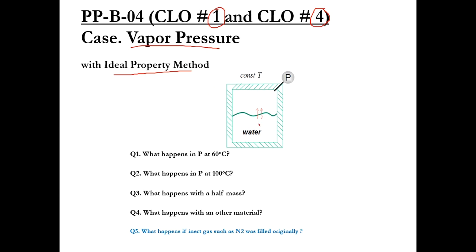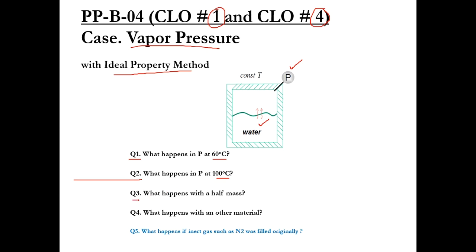So we are assuming a liquid, which is water, present in a closed container, and we will calculate the vapor pressure at different temperatures. Our question number 1 is: what happens to the vapor pressure when the temperature is 60 degrees centigrade? This is the water temperature at 60 degrees centigrade. Our question number 2 is: what happens to the pressure when the temperature is 100 degrees centigrade?